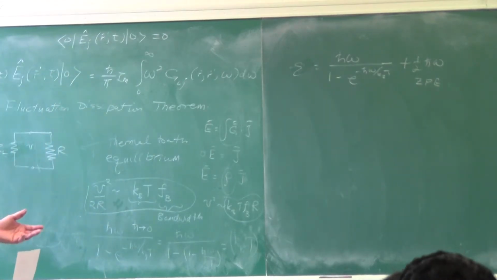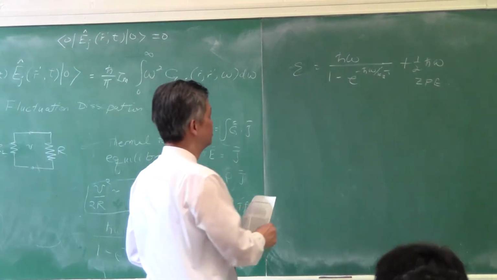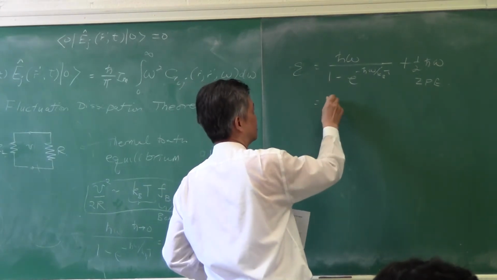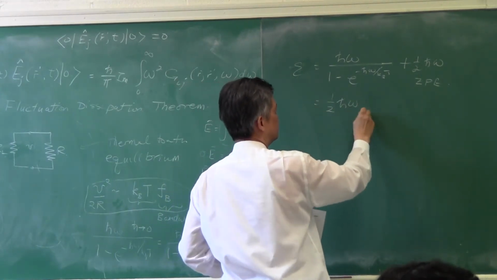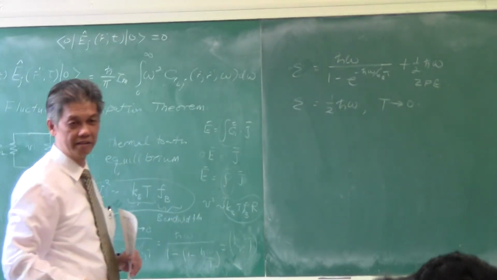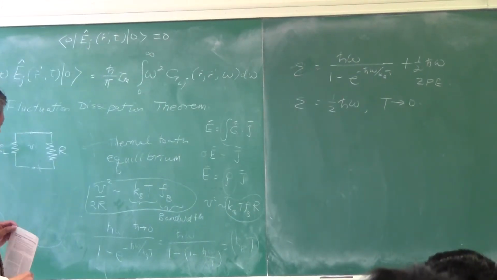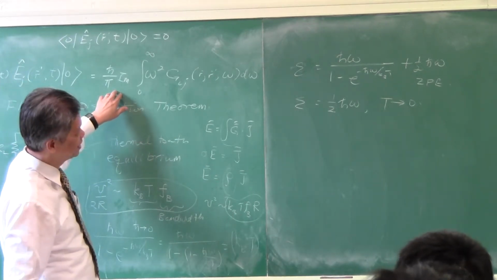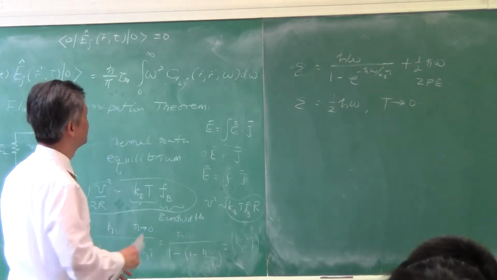So if you let T go to 0, it actually says that E should become just that. And if you allow for that fact, then the T actually disappears from this formula. This is for T equal to 0.